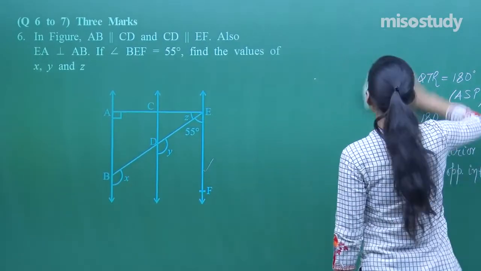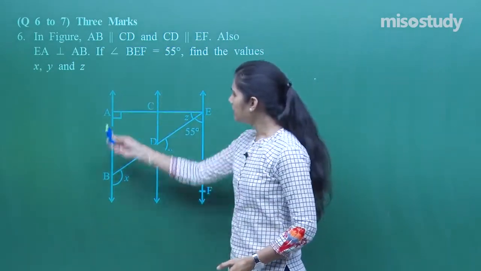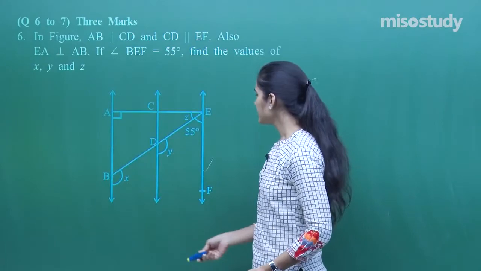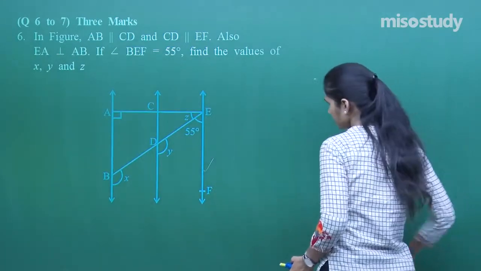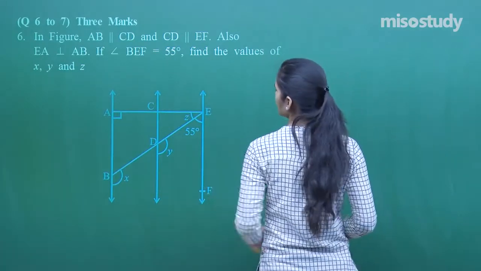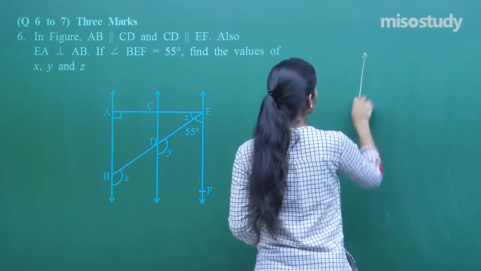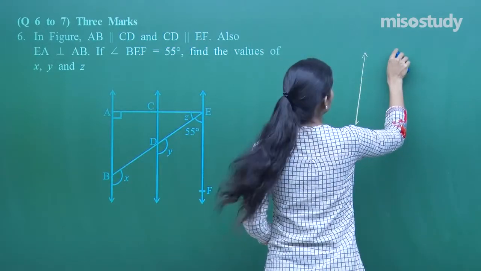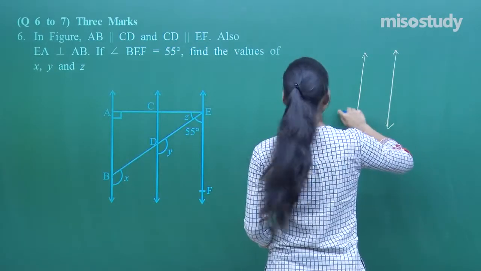We have to find the value of x, y, z, and mind it is given to me that this complete line AB is parallel to complete line CD is parallel to complete line EF. This is very important. Now, let's look at this situation wherein I have line CD and I have line EF, and the situation is something like this.